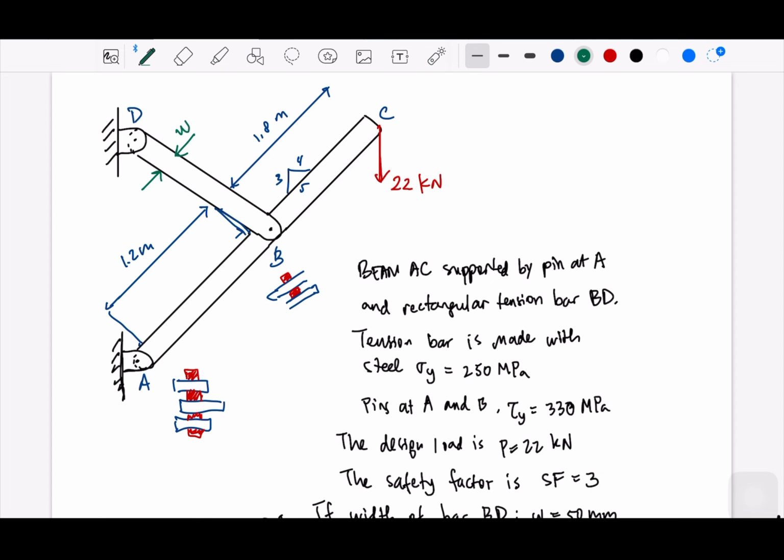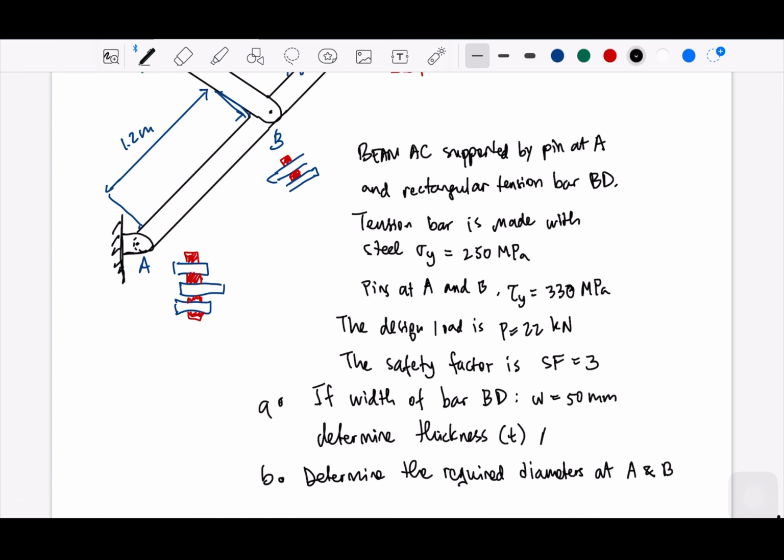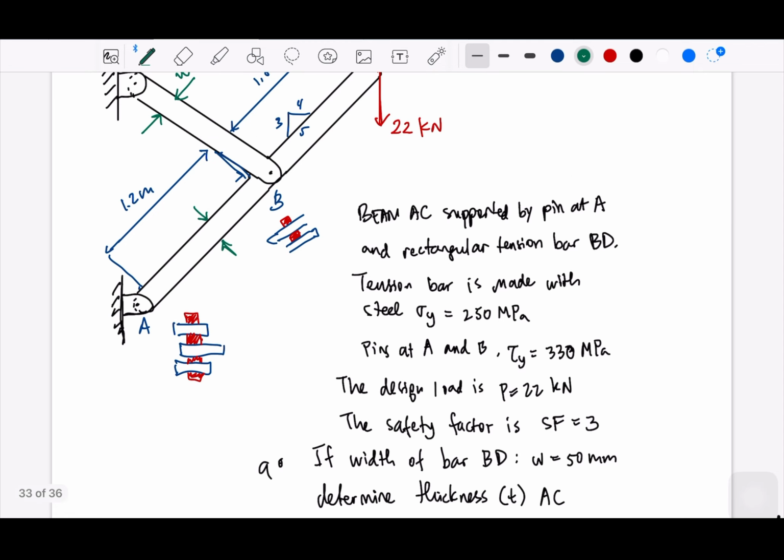The one you're looking for is for AC, the required thickness. Oh, no. Same BD.